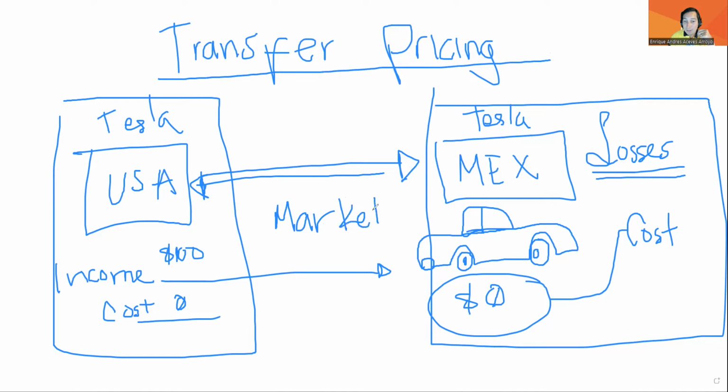That means that for this Tesla model, we can find a way to know its market price, and the Mexican entity would only be allowed to sell to the US-based company at the market price of that model. That is what transfer pricing is.